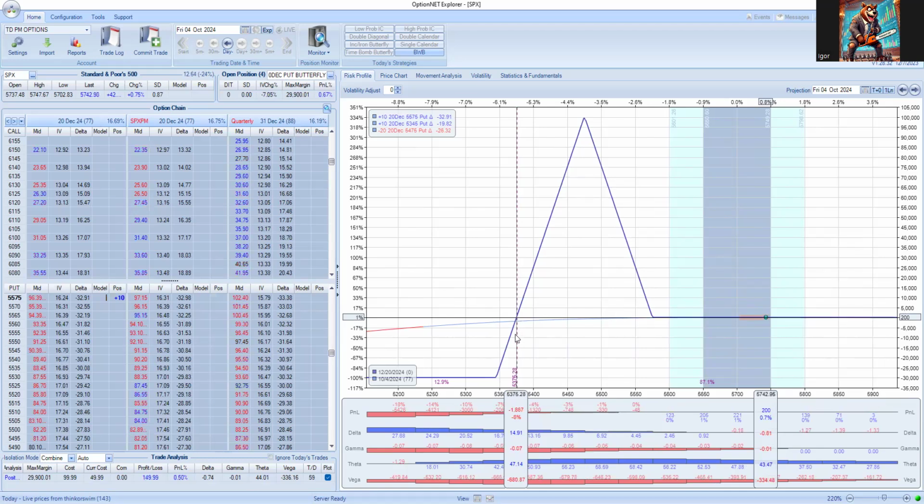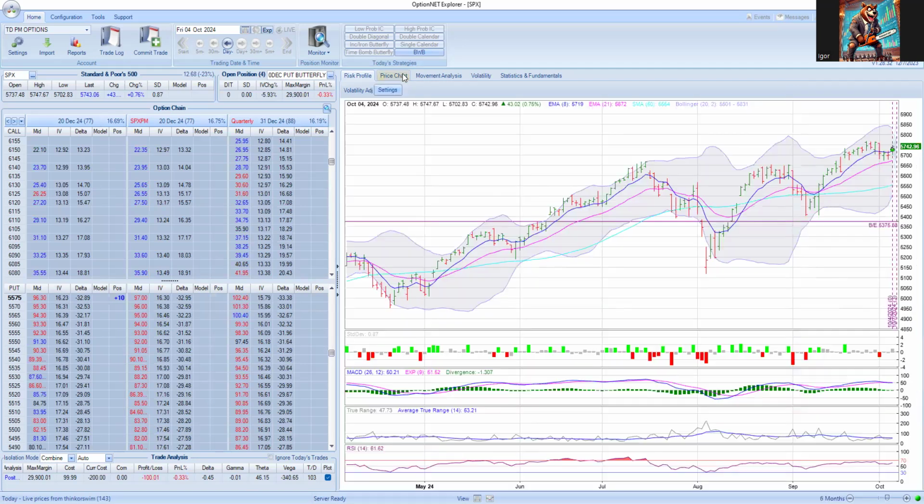The answer is no. What's my downside break even? I feel that this 5,400 level is a pretty decent potential support. I could be wrong, and the market has proven me wrong many times before.